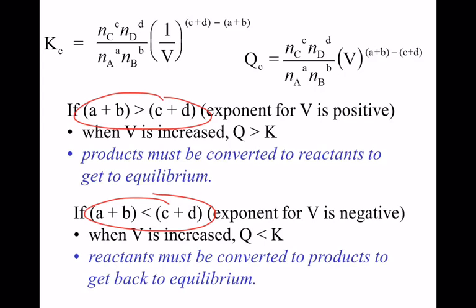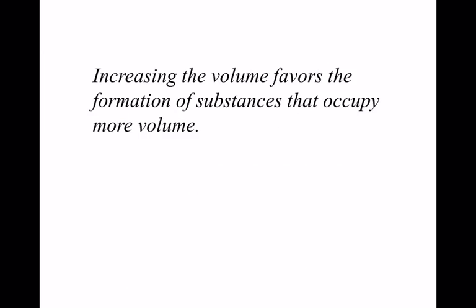Bottom line is this: if you have species at an equilibrium that are in their gas phase, they will be affected by changing volume. I did the proof just a minute ago, but basically, whichever side, reactant or product, has more moles favors increasing the volume. Kind of makes sense. I like it.